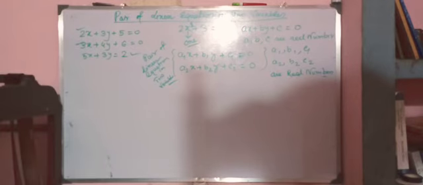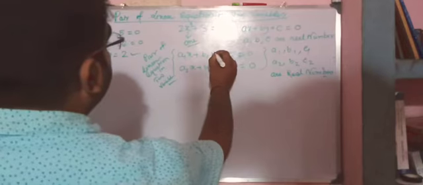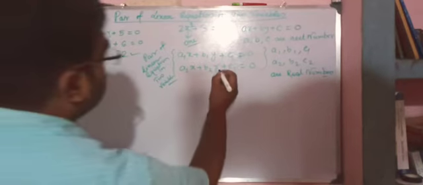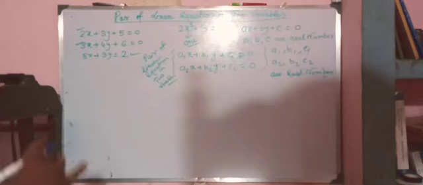Okay, by taking these two equations together, we can easily say that these are the pair of linear equation in two variable.